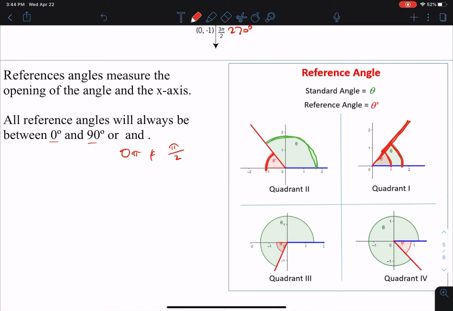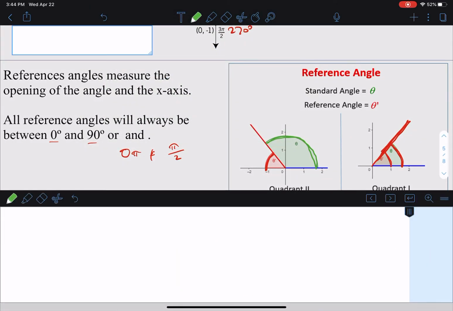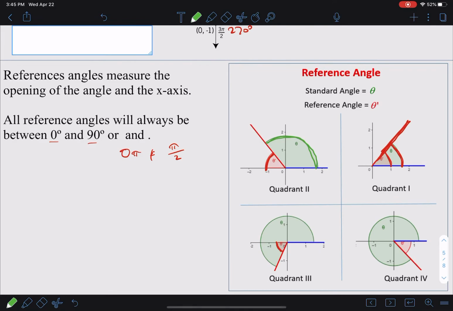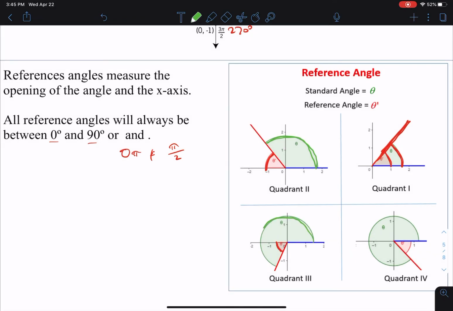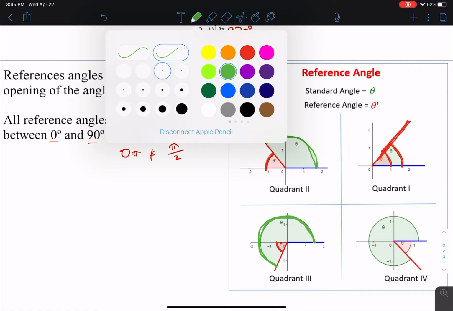In quadrant 3, the reference angle is tiny. That's the reference angle there. But the actual angle, what's called the standard angle, goes all the way around, so it's going to be bigger than 180, bigger than pi. Same thing on the last one.